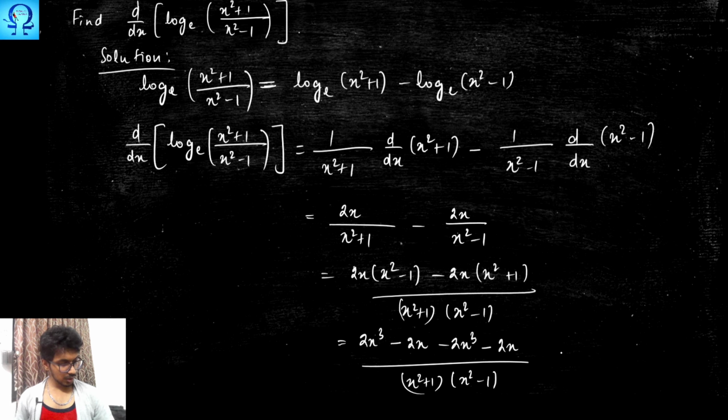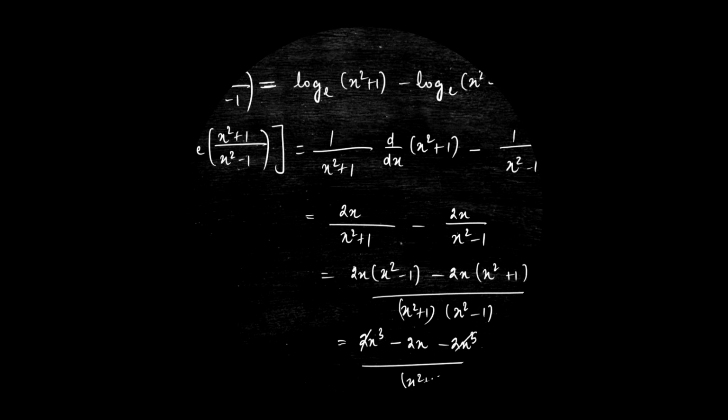Here what are you going to get? So this is minus 4x upon, because this and this get cancelled, minus 4x upon (x squared plus 1) times (x squared minus 1), and this completes the problem. Thank you.